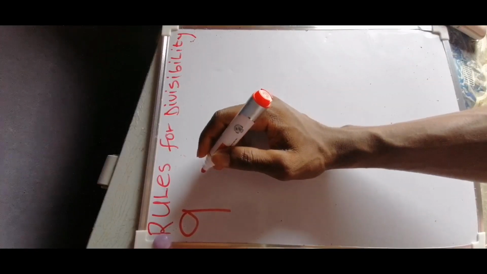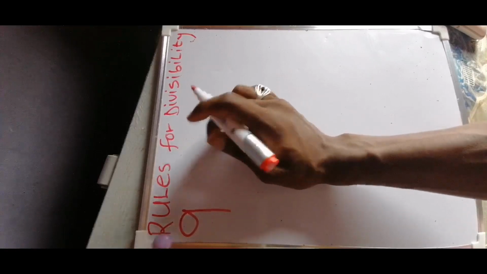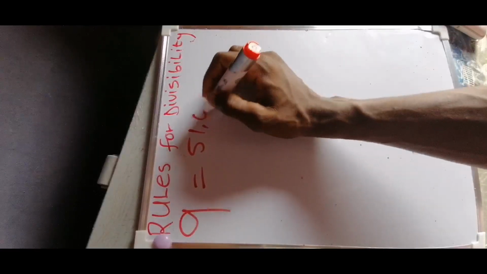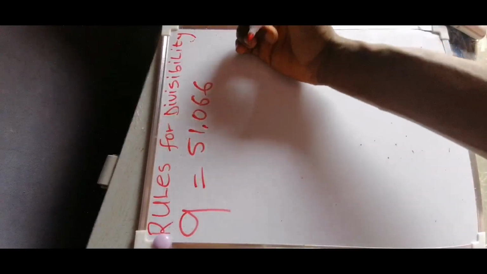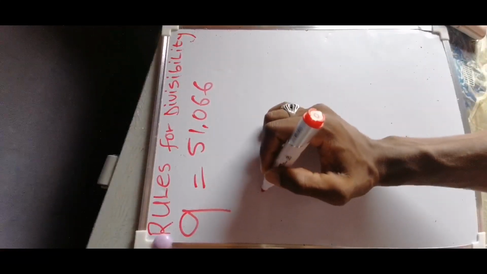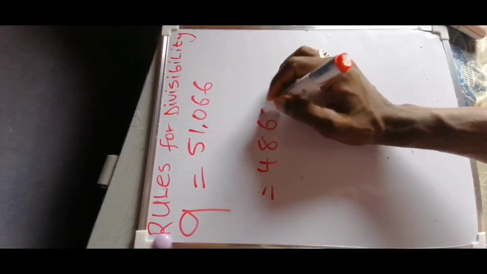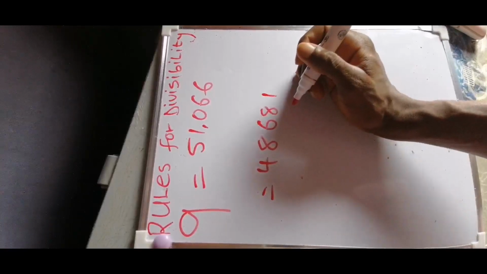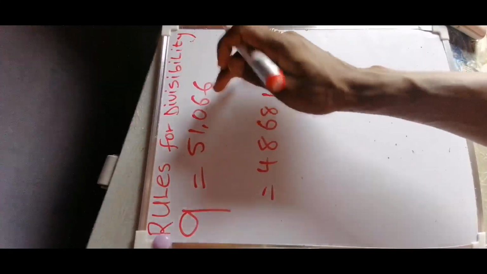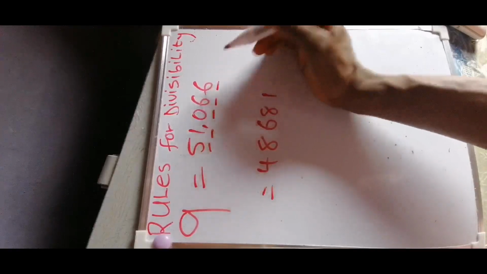A number can be divisible by 9 if the sum of the digits is divisible by 9. So let's write 51,066. Again, we have 48,681. So they said if the sum of these 5 digits can be divisible by 9, here we have 51066.